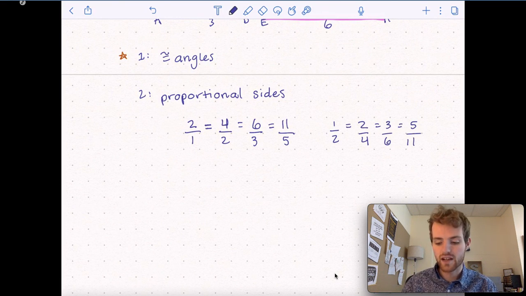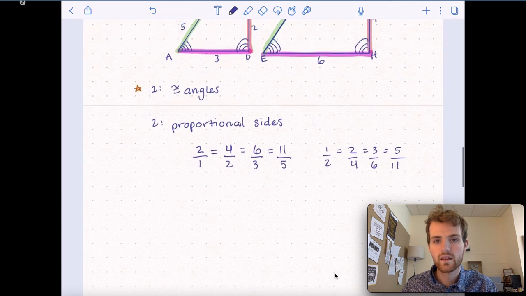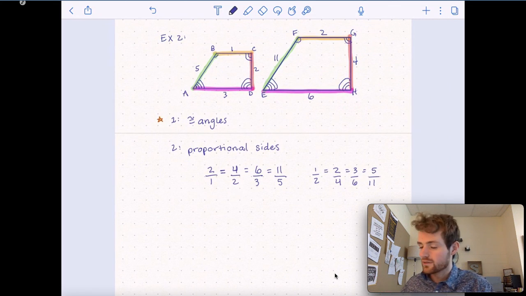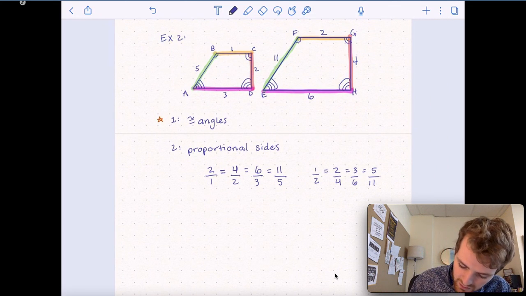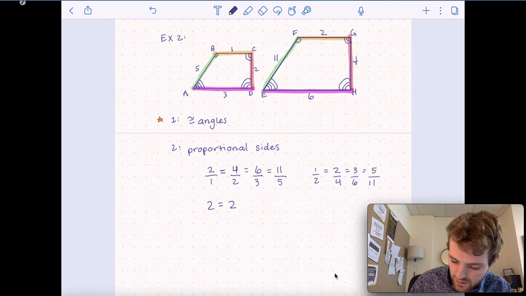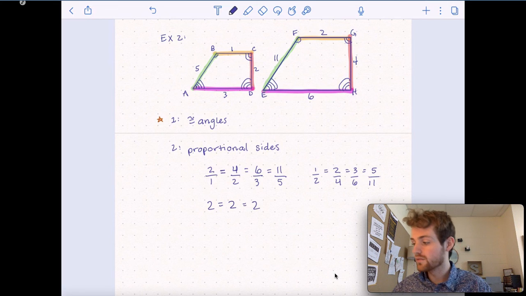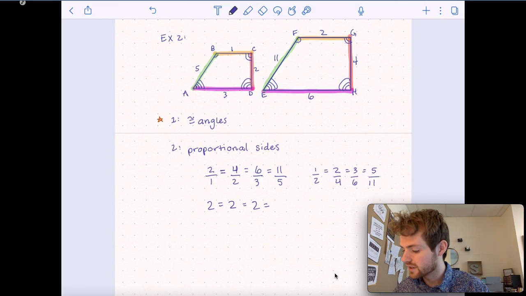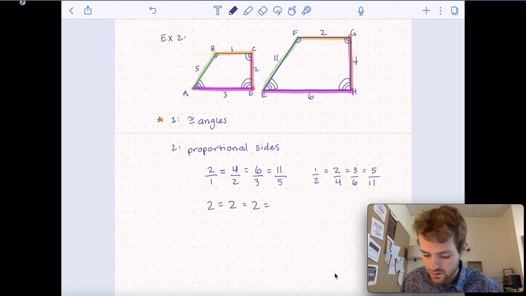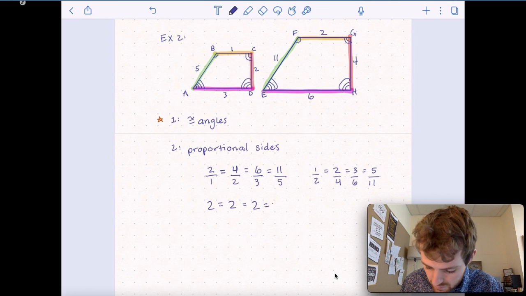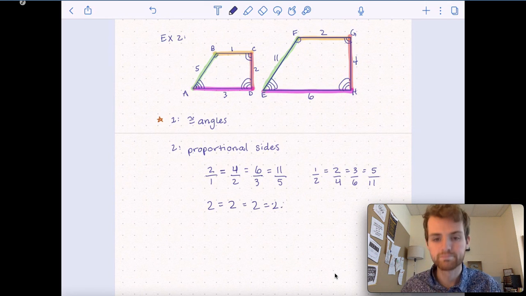I'll show you what happens there. So let's go ahead and reduce. 2 over 1 gives us 2. 4 over 2 gives us 2. 6 over 3 gives us 2. 11 over 5 gives us 2.2. We'll come back to that in just a second.